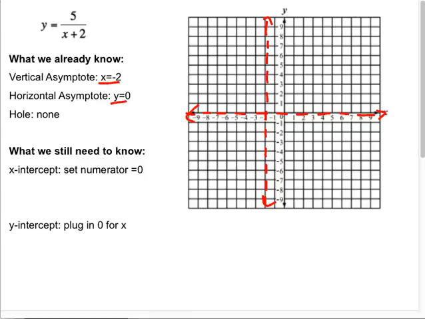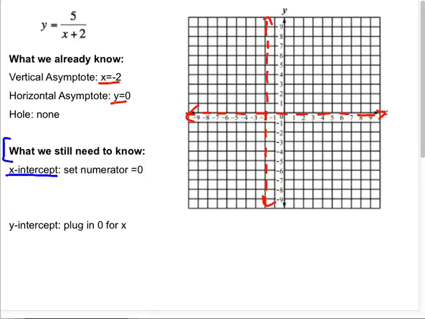So we already have part of our battle won. Now let's take a look at the rest of this, what we still need to know. This is our new focus of today.